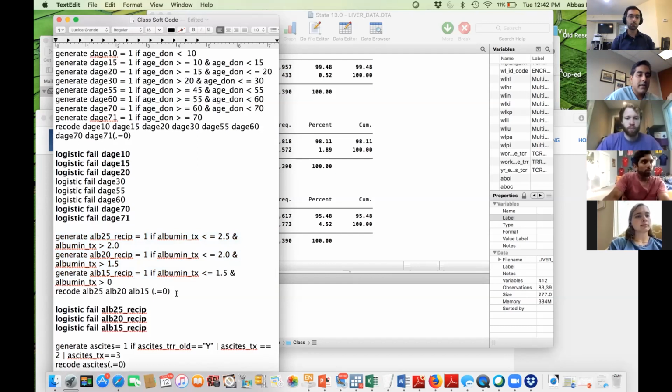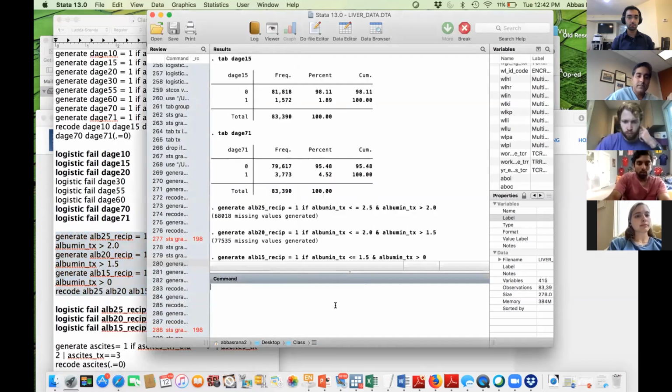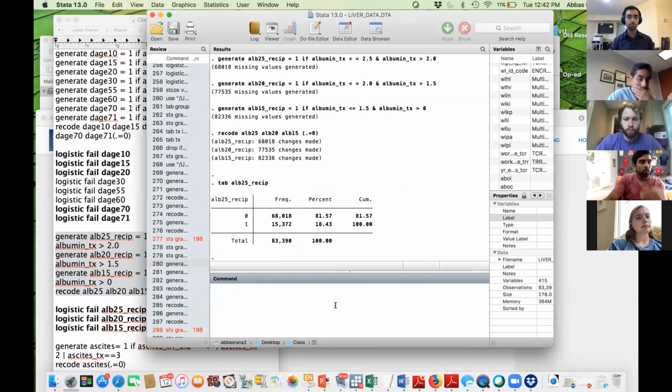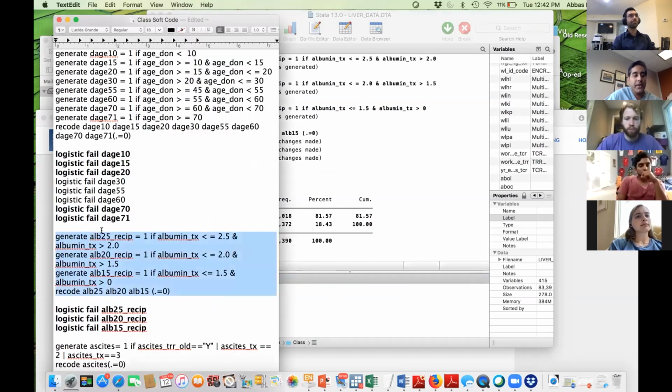Okay, so then there you go. Runs, you have your variables. So you check them all, make sure there's no overlap, but we're not going to do that in the interest of time.